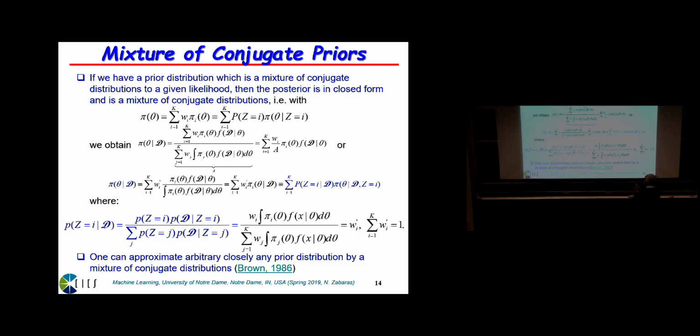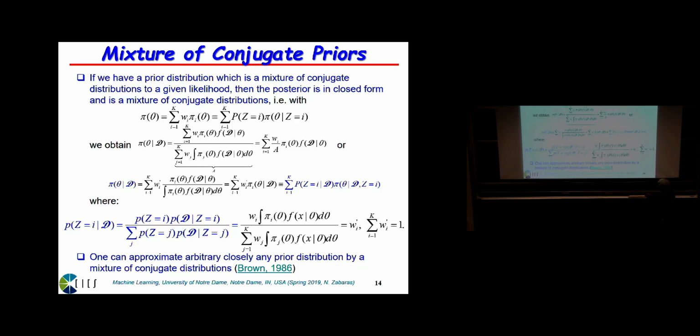If you explicitly plug in all the information, what is P of Z equal to i? It is w_i, remember? That's the prior mixing coefficient. What is P of D given Z equal to i? That's the marginal likelihood when you use model i. And that's a normalization factor. So if you want to see the proof this way, you get the same answer.